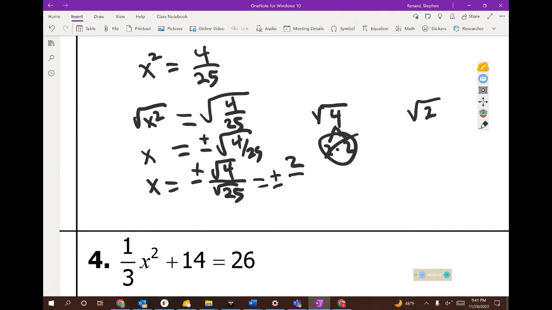Square root of 25. 25 is not a prime number. Is it divisible by 2? No. By 3? No. By 5? Yes. That gives us 5. 25 divided by 5 is 5. And so that pair of 5s makes 1 on the outside. So we end up with plus or minus 2/5.